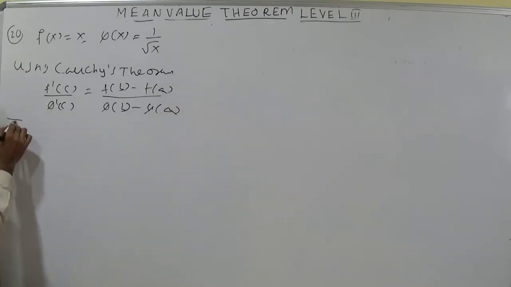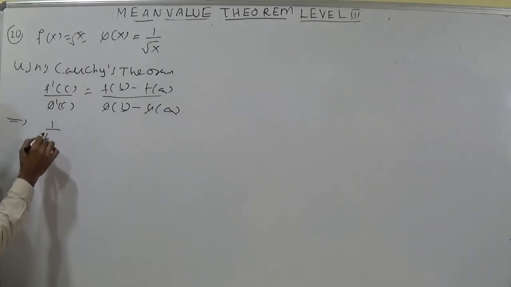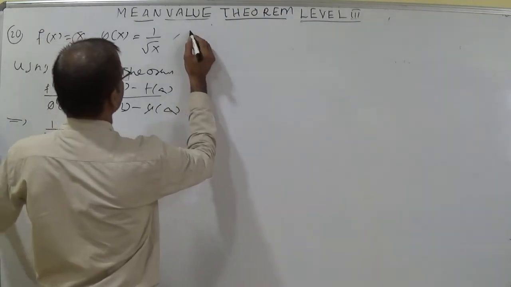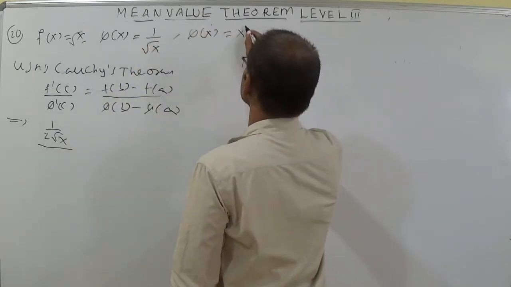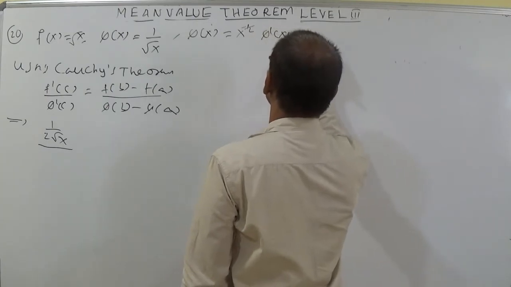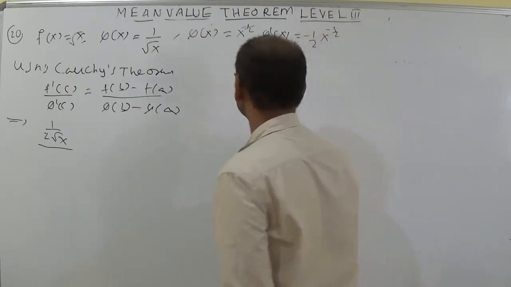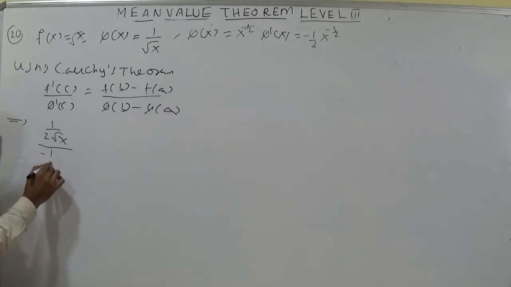That implies f dash c, where f of x equals root x is given. We know that the derivative of root x is 1 by 2 root x. Here phi of x, 1 by root x, can be written as x power minus 1 by 2. So phi dash x I am writing as minus 1 by 2 into x power minus 3 by 2. So here you can write as minus 1 by 2.